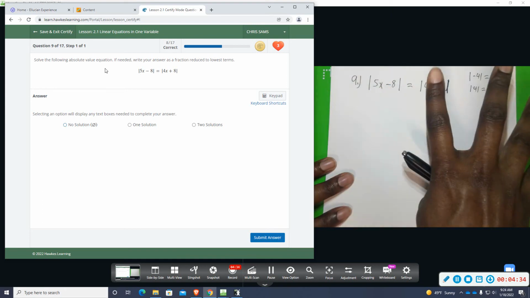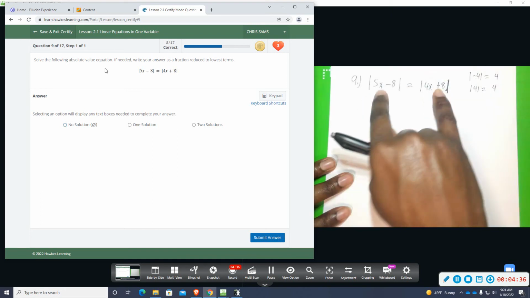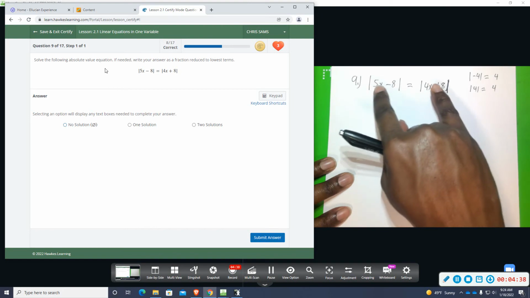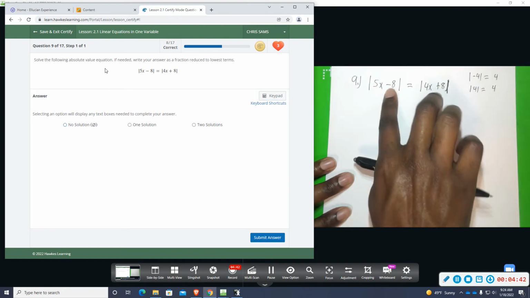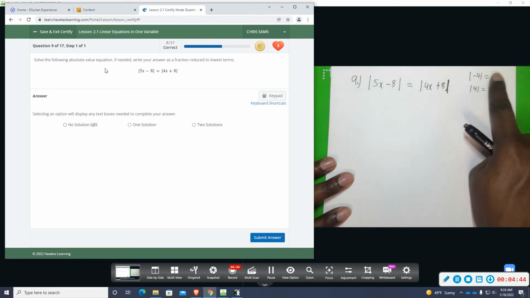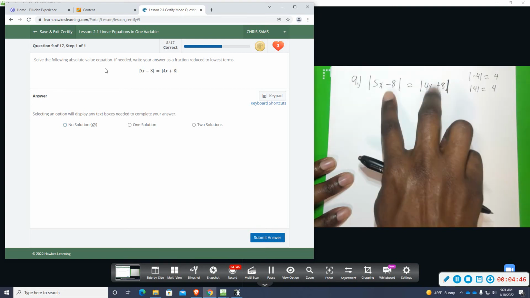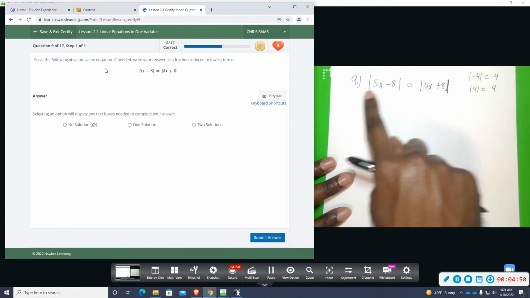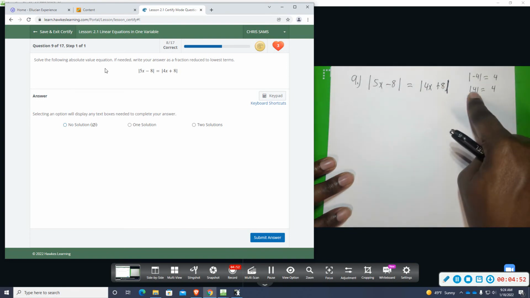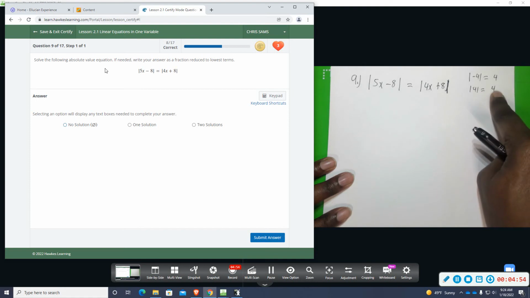So what I mean is, once you have the absolute values isolated, you're going to drop them and set them equal to each other, like leave it positive, and then on the next one, we're going to change one of them negative. Because if you change both negative, negative times a negative is a positive, it's like doing the same thing. So you're going to set one of them positive and leave the other one, and you're going to set one of them negative and leave the other one.